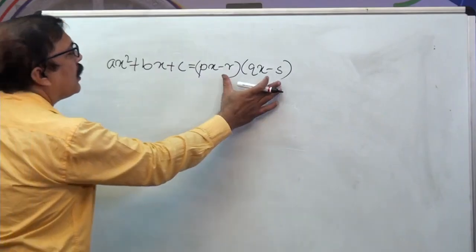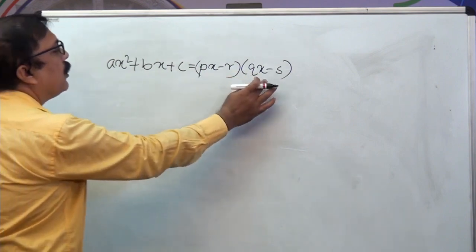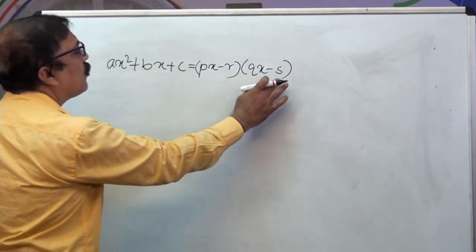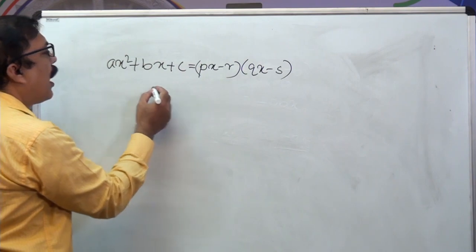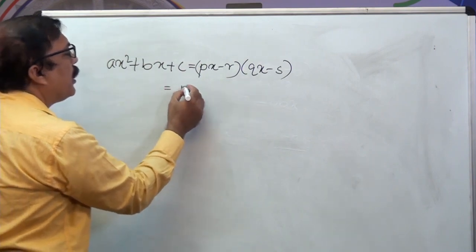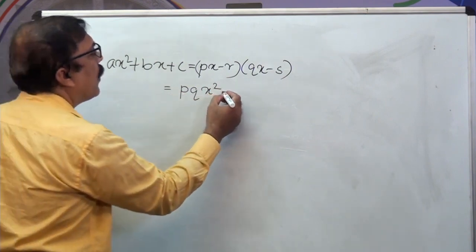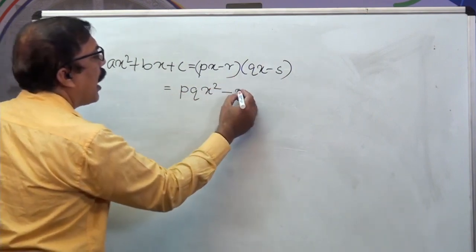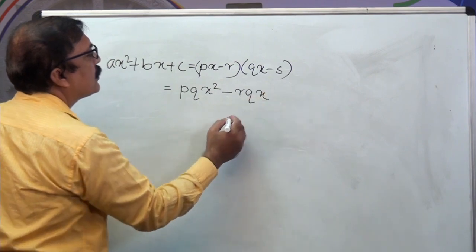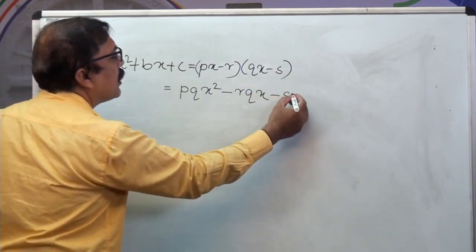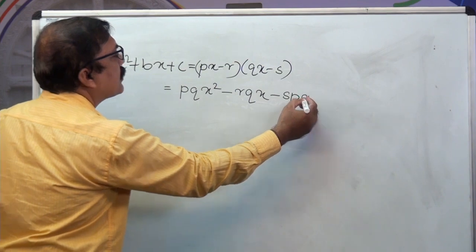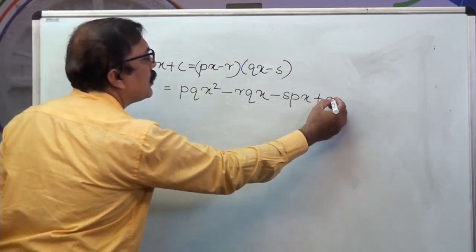If we multiply the two linear polynomials px minus r and qx minus s, we have pq x square minus rqx minus spx plus rs.